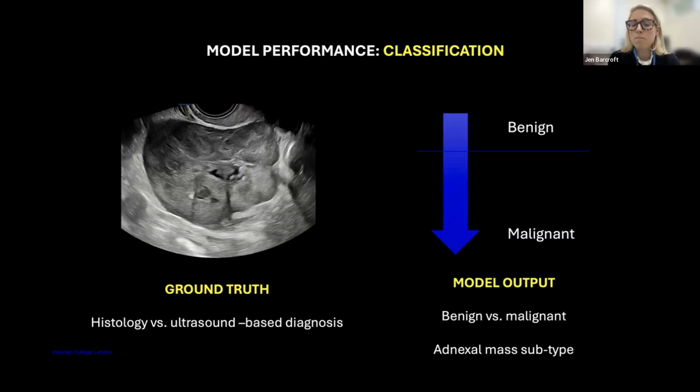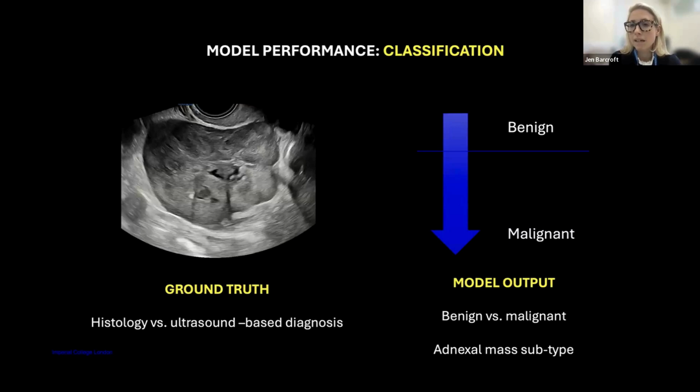And we put specific parameters in place: they had to have been reviewed twice and been stable in morphological appearance, to be confident that over a period of expectant management the cyst remained the same, giving us confidence in saying that this is likely to be a benign mass.